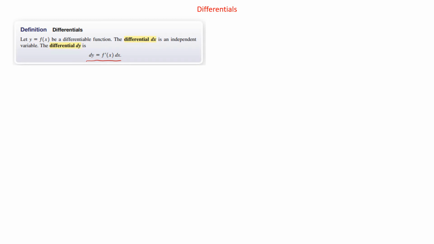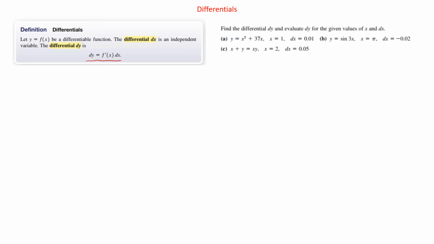But the dy and the dx are just small increments of x and y. So what this looks at is if we move over like by 0.01 in x, what is dy going to be? Like, how does that move? And that's all the differentials are.